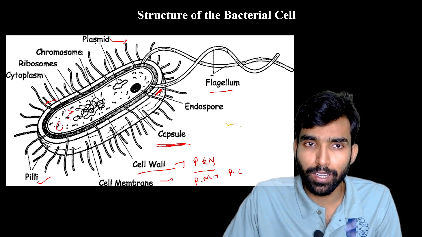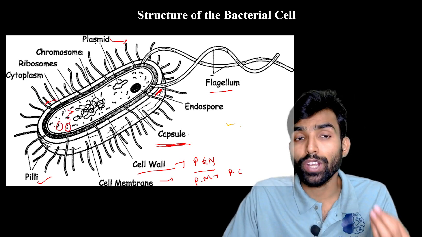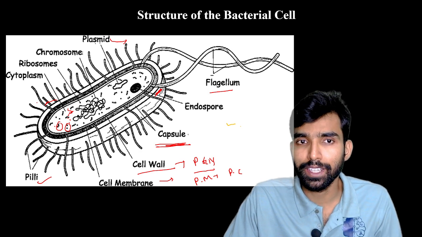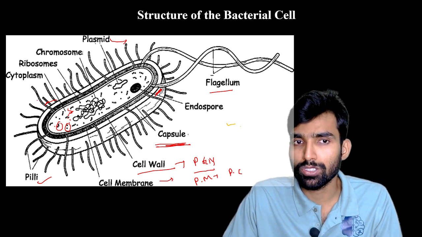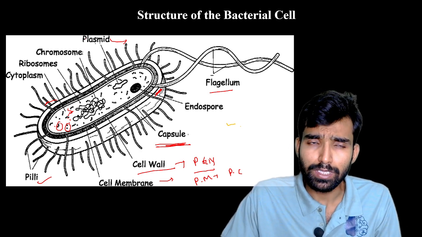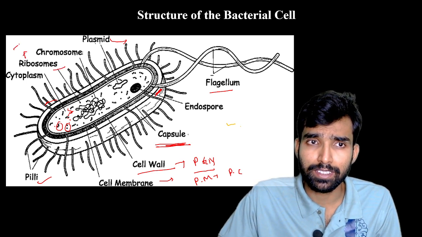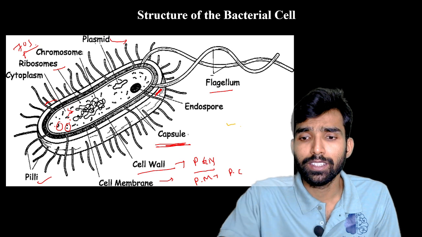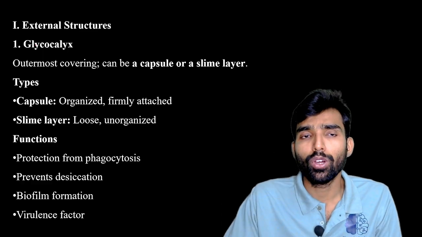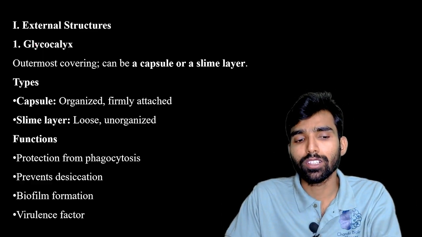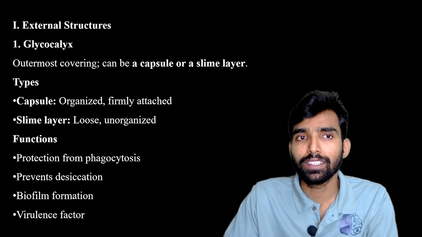Here you can see some kind of black dots. Those are actually some storage molecules, right? We'll see all of the storage molecules as well. Bacteria have ribosomes, that we already know are the 70S ribosomes. Okay, next. Now we'll discuss each and every thing of them in detail.